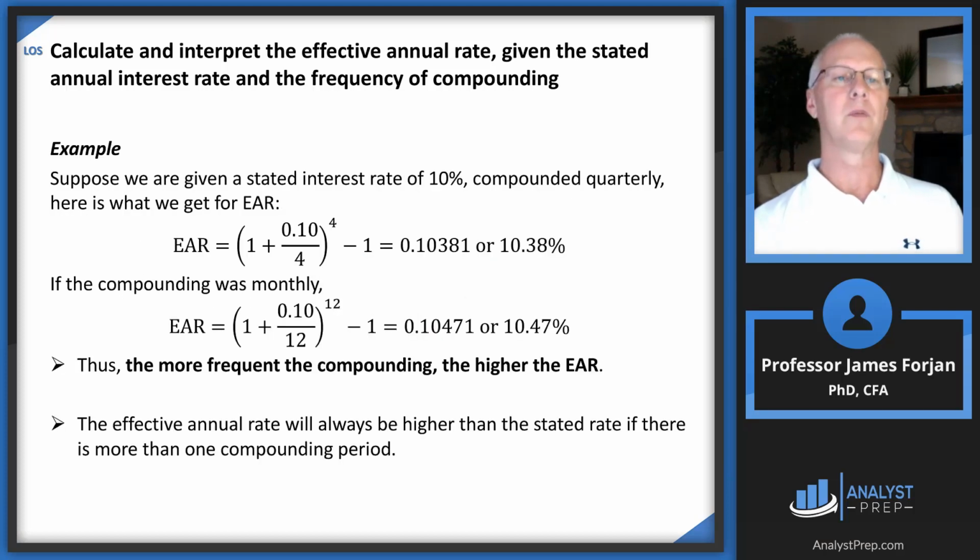Let's go ahead and do an example here. Let's say we've got a stated interest rate of 10% compounded quarterly. All right, so in order to compute the effective annual rate, all we do is take the 10% in decimal form, mind you, divide it by 4, the number of quarters in a year, add 1 to it, 1 plus that interest rate, and then raise it to the 4th power because there are 4 quarters in a year.